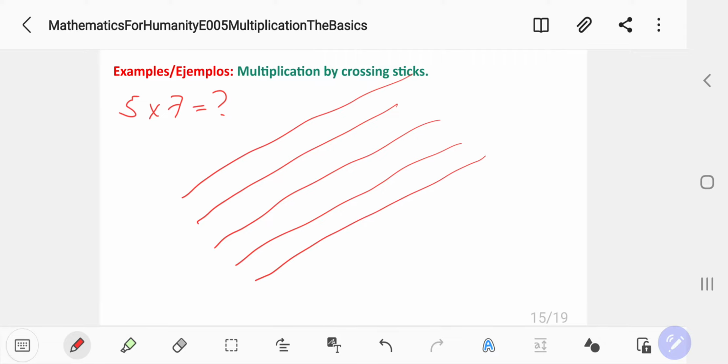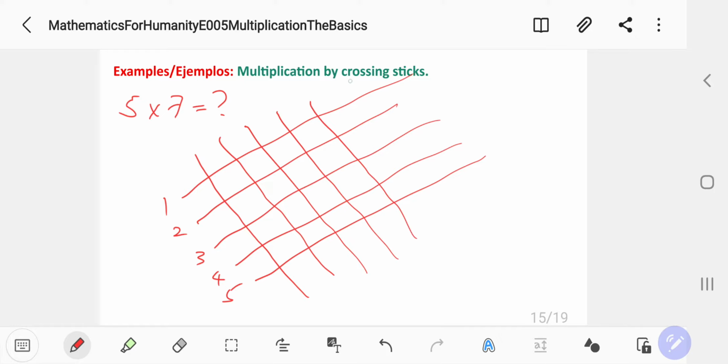Then we draw 7 sticks: 1, 2, 3, 4, 5, 6, and 7.